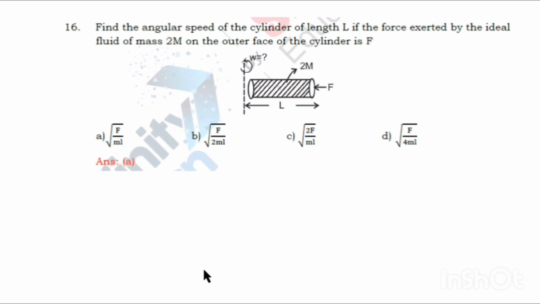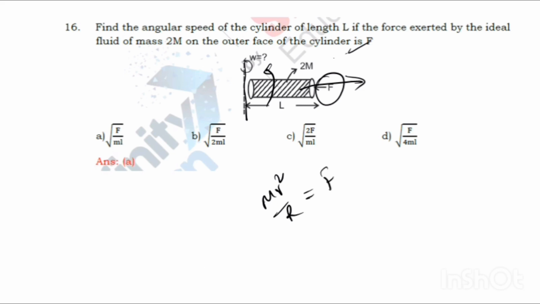Here the angular speed of the cylinder of length L is such that it balances the outer force. Here this cylinder is rotating about this axis, right? Now the centrifugal force should be balanced by this force, right? So mv square by r is equal to F here, right?